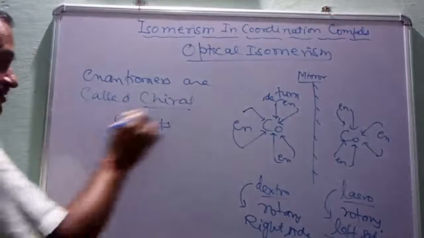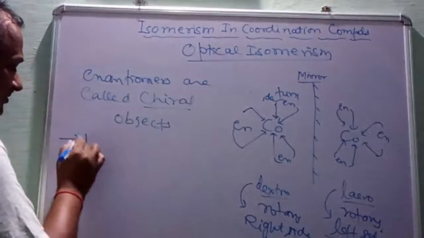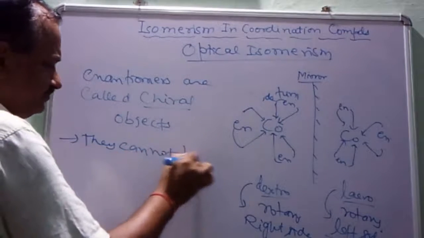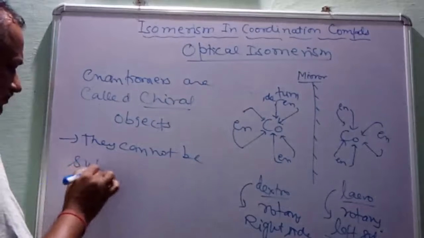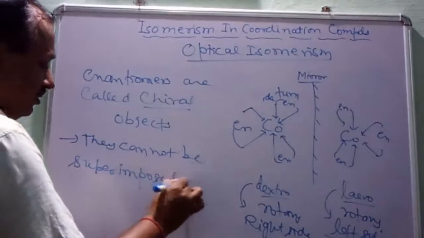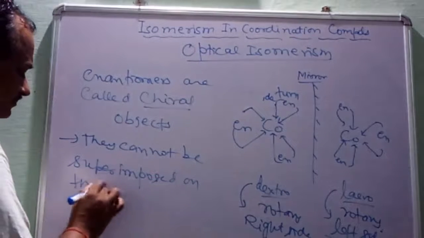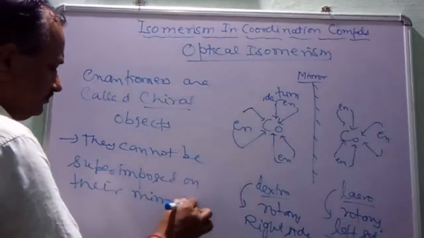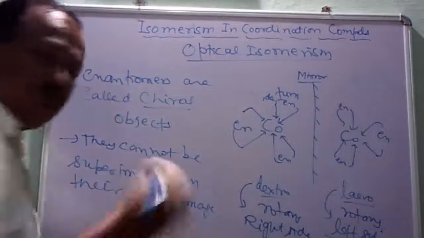An object is said to be chiral when it cannot be superimposed on its mirror image. No superimposition.